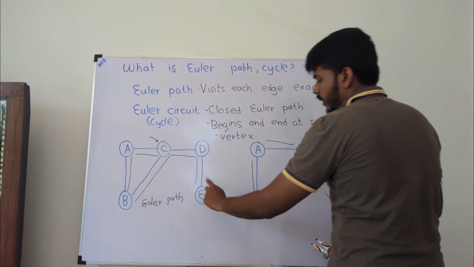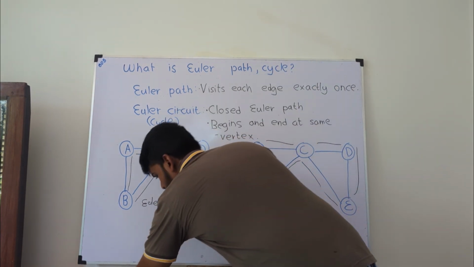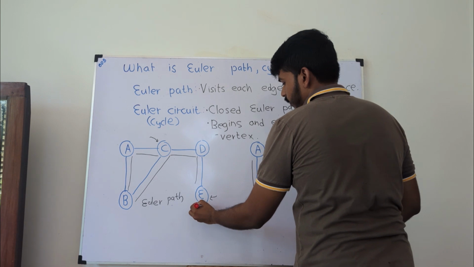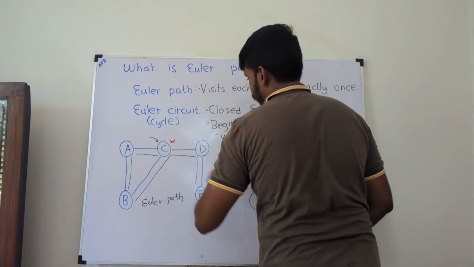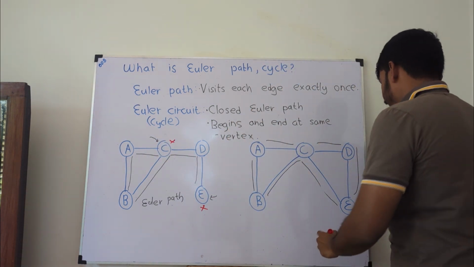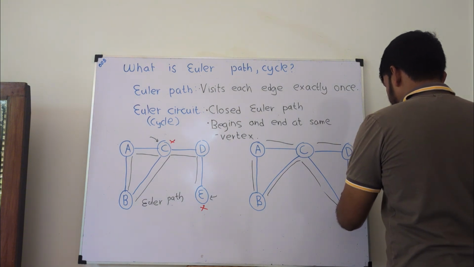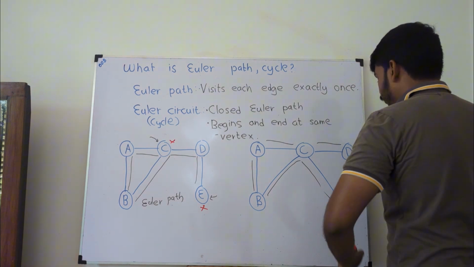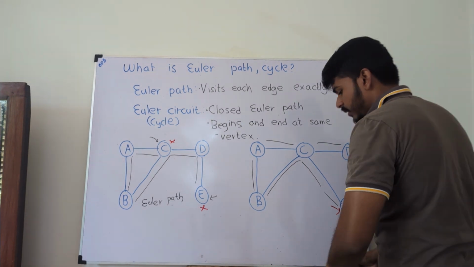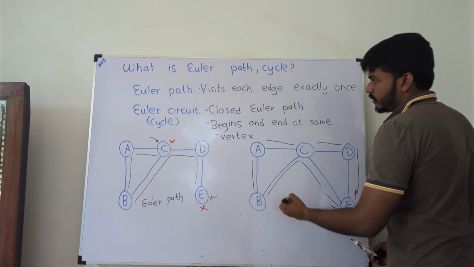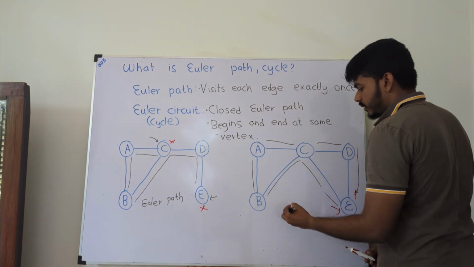In the left one I have started at vertex E and ended at vertex C. In this right side example I have started at vertex E and ended also at vertex E. This is going to be an Euler cycle, also known as Euler circuit.